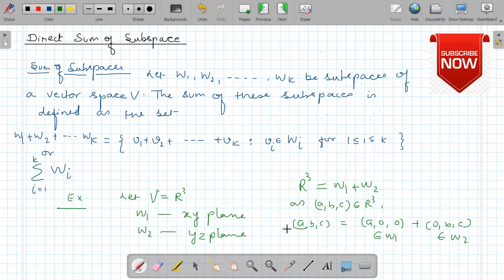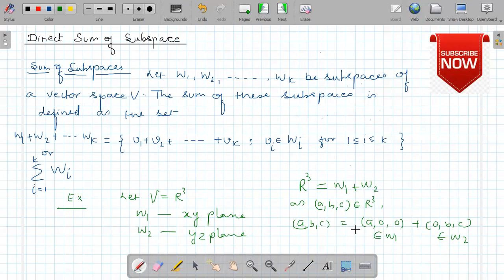You can represent each and every member of R cube by this representation. Means you will always have elements of W1 and W2 both sides. Okay, so in this way we say that this R cube is the sum of W1 and W2.